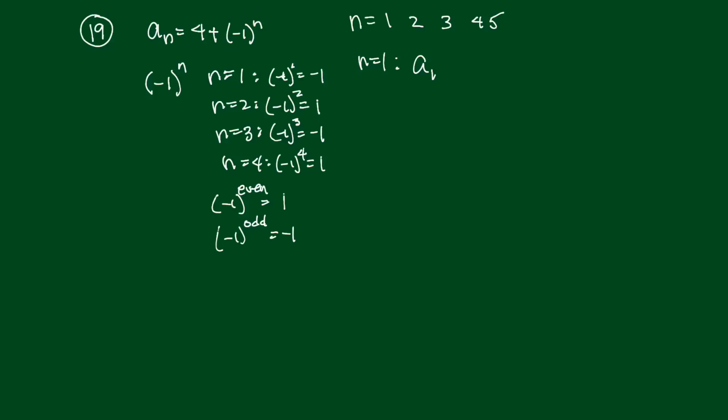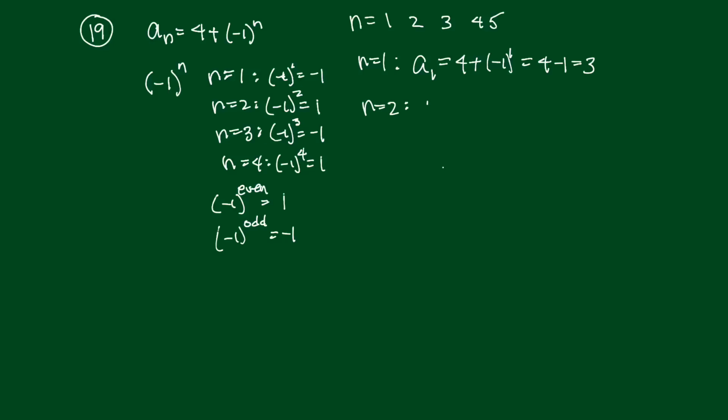And if I put a 1 here, this is going to be 4 plus negative 1 to the 1, but I know that exponent is odd, so this is just going to be negative. So what I'm going to get here is 4 minus 1, I get 3.